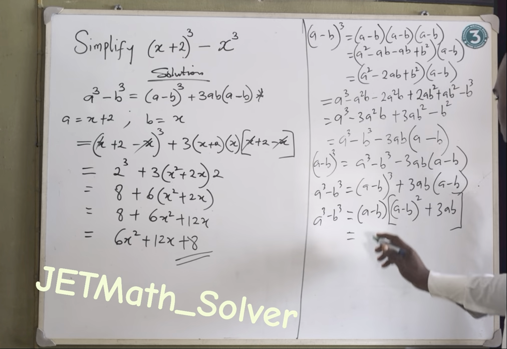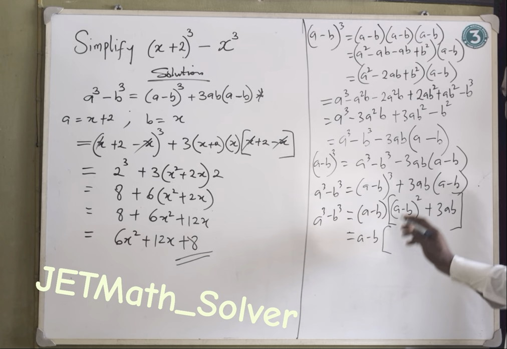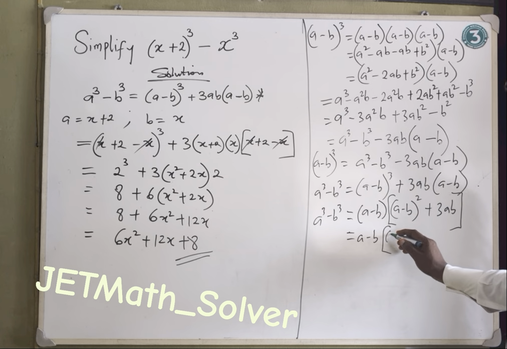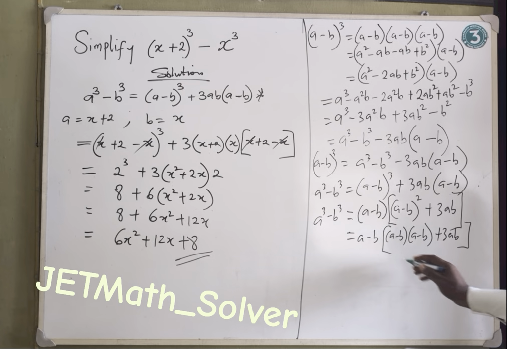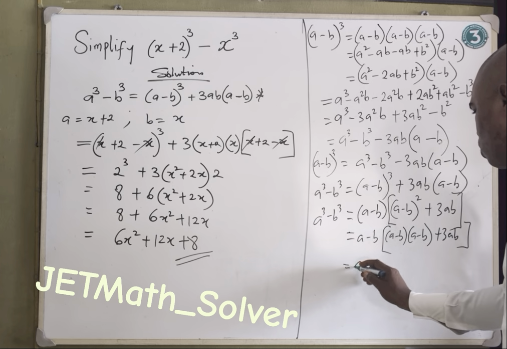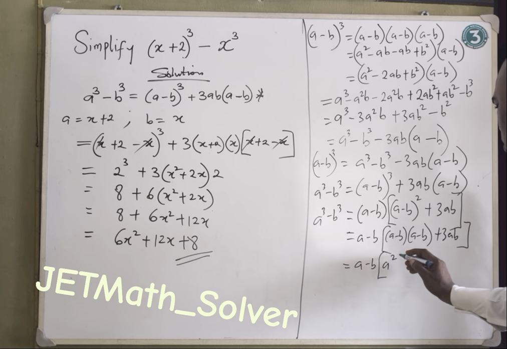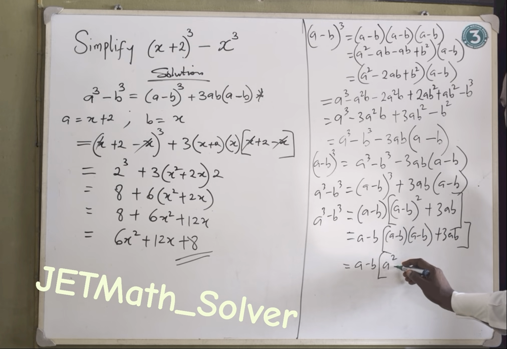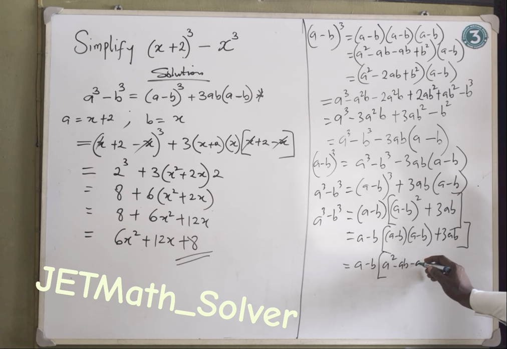Now, a − b into brackets, I can expand this. If I should expand this, I'm going to have a − b, then plus 3ab. Now, let me expand this. I'm going to have a − b into brackets of a times a is a squared. Then a times minus b will give me minus ab. Then minus b times a will give me minus ab as well.